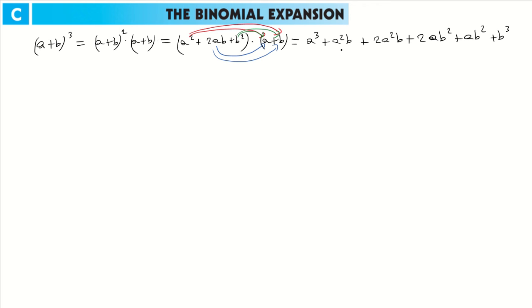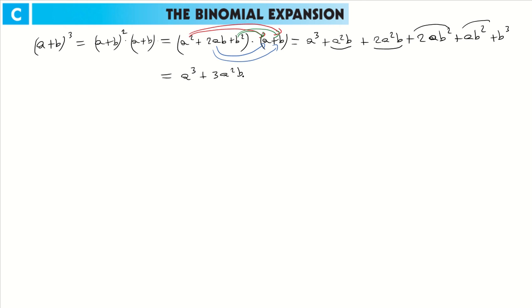And I see here a^2 times b, and here I see 2a^2 times b. That gives 3a^2 b. So I keep the a^3, and I do plus a^2 b plus 2a^2 b, which is 3a^2 b. And here I have 2ab^2, and here I have ab^2.